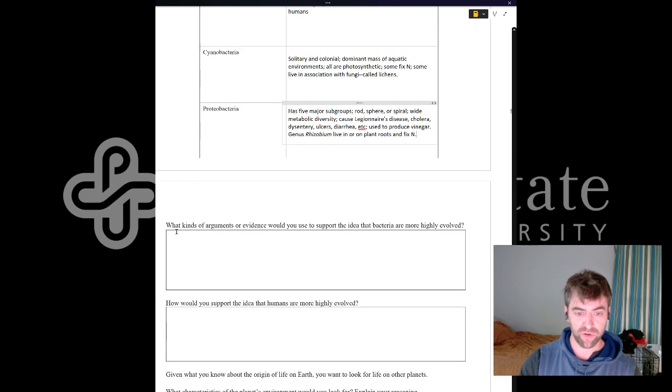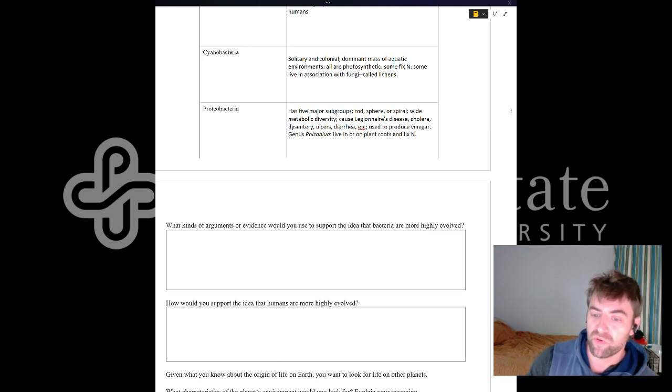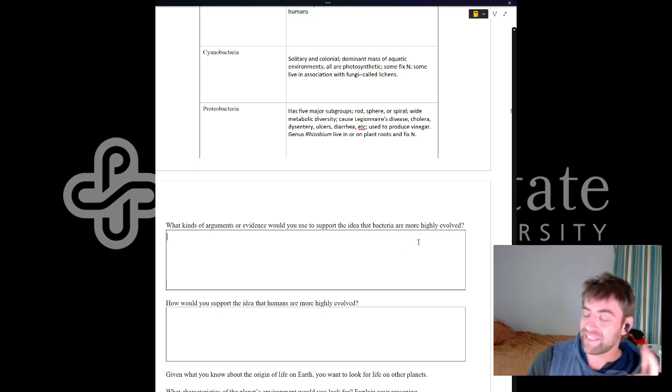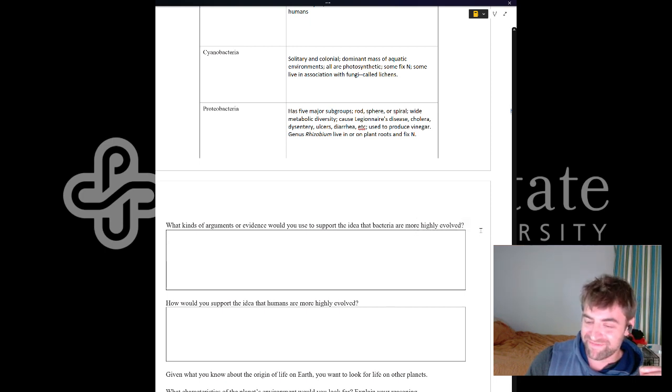So super important. What kinds of arguments or evidence would you use to support the idea that bacteria are more highly evolved? And this comes with a massive disclaimer. It depends on how we're defining highly evolved.